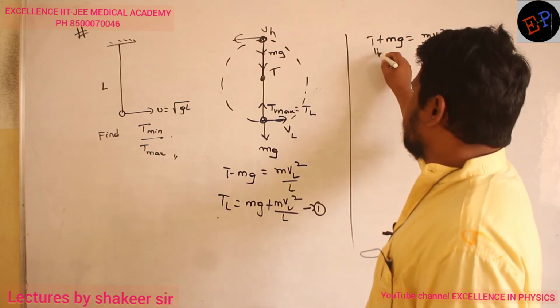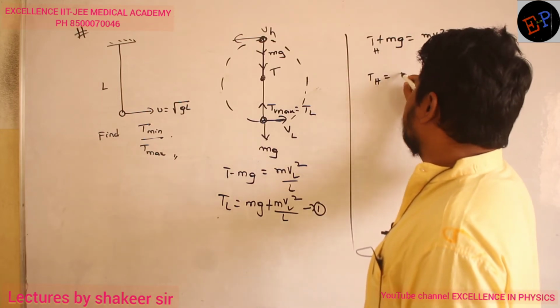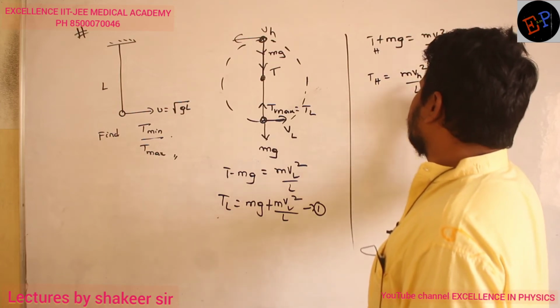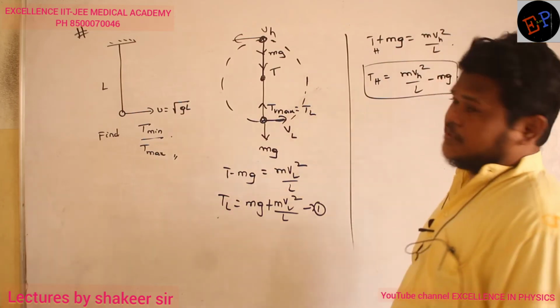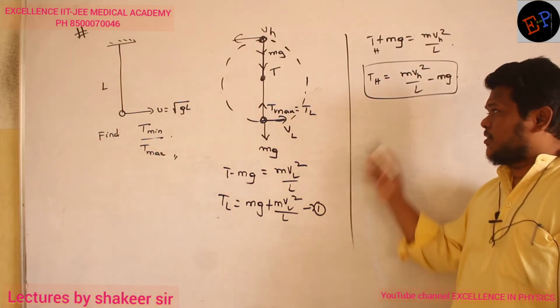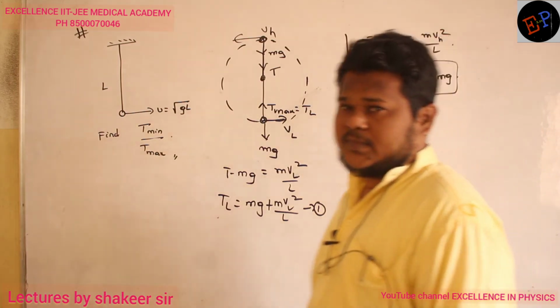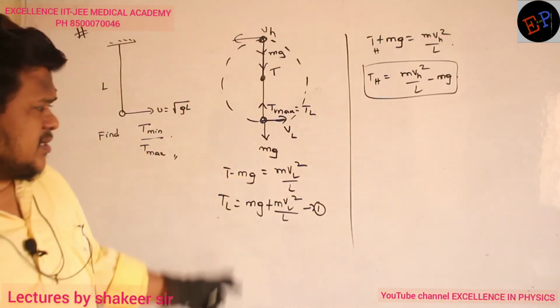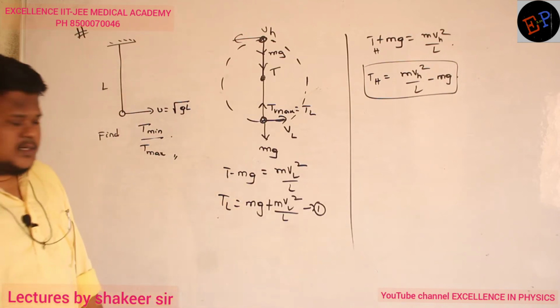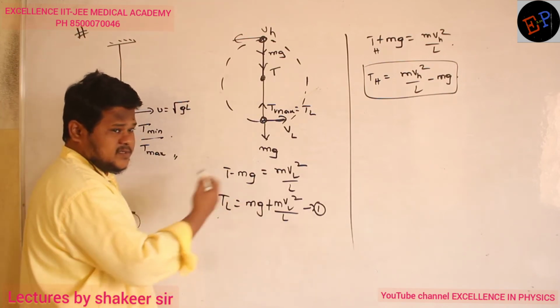So what is the tension at the highest position? Th is equal to m Vh square divided by L minus mg. So this is the tension at the highest position. Now you see this equation and this equation, where is tension maximum? At the highest position or at the lowest position? Definitely at the lowest position. Why?